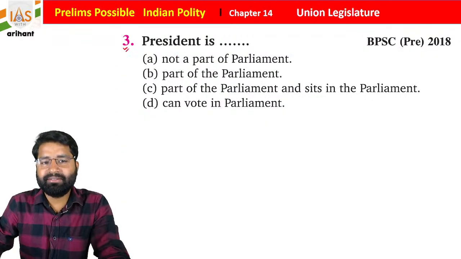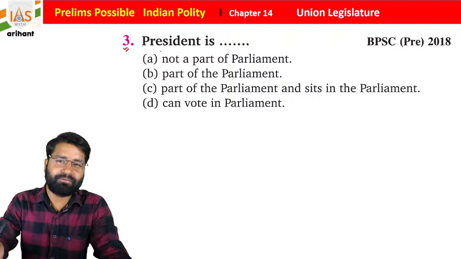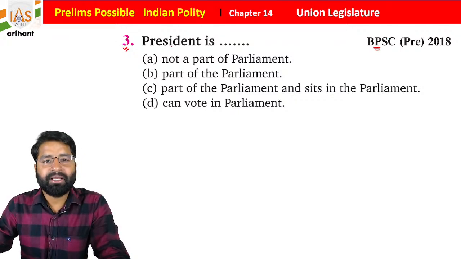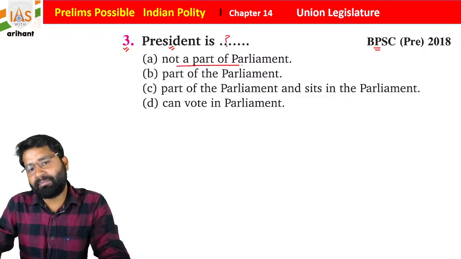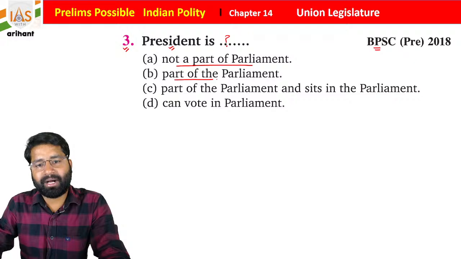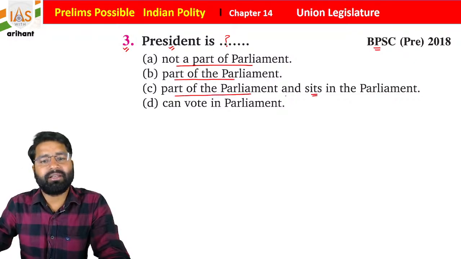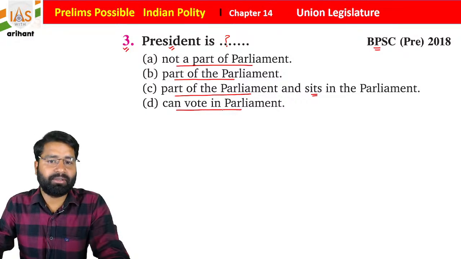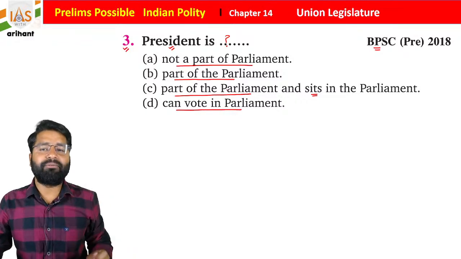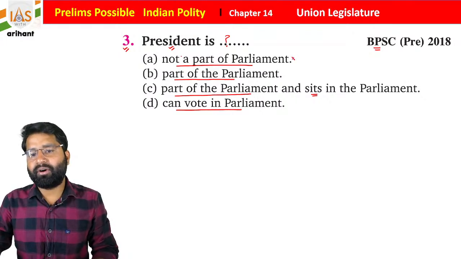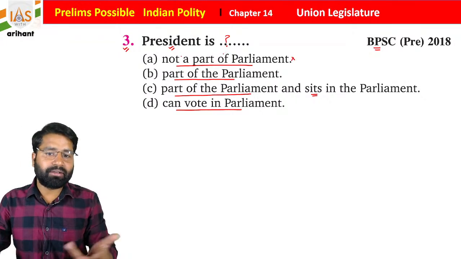Now see once again this question connected with the same type. It was in Bihar PSC recently, 2018. The President of India is not a part of Parliament, or is part of the Parliament; part of Parliament and sits in the Parliament; can vote in Parliament. You have to choose the correct answer. Not part of Parliament, we all know he is a part of Parliament.